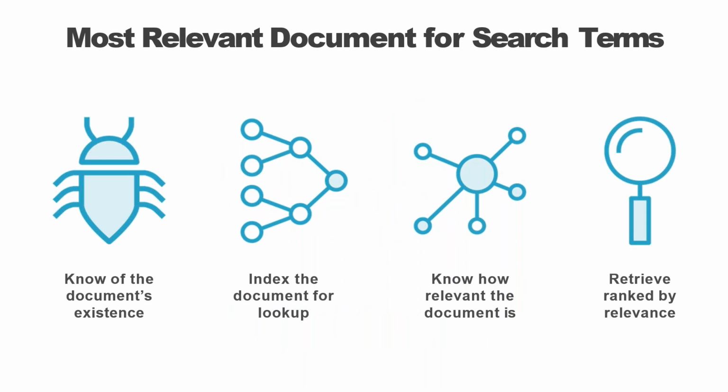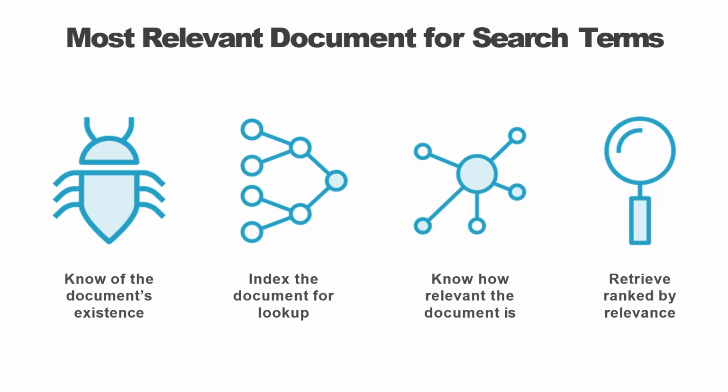So the question is, what happens in the background to find the most relevant document for a search term? Background means the engineering, coding and administration side. First, you have to know the document's existence. Are we having any document as such or not?